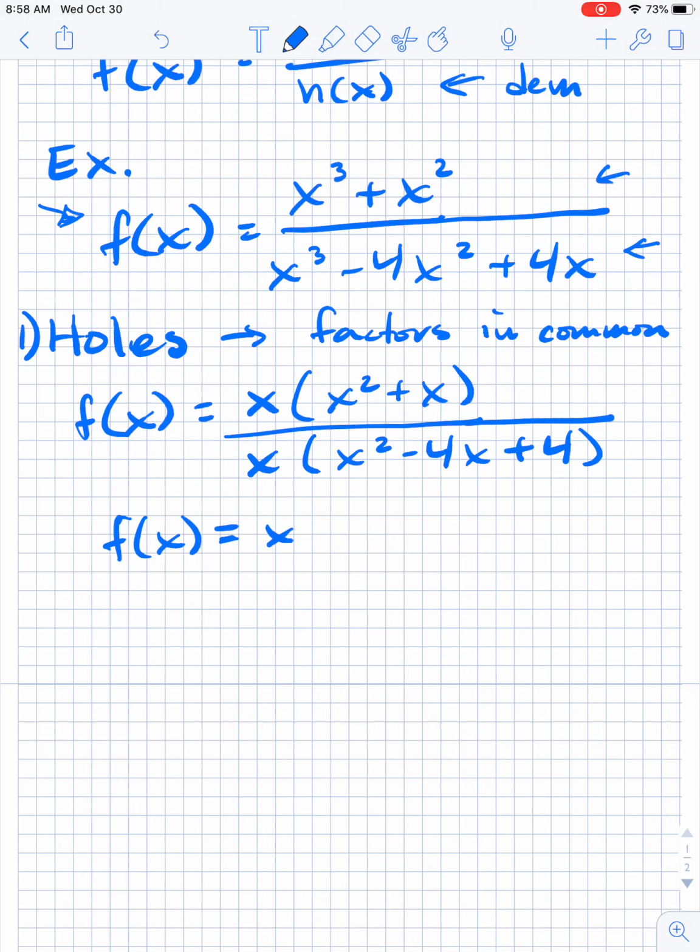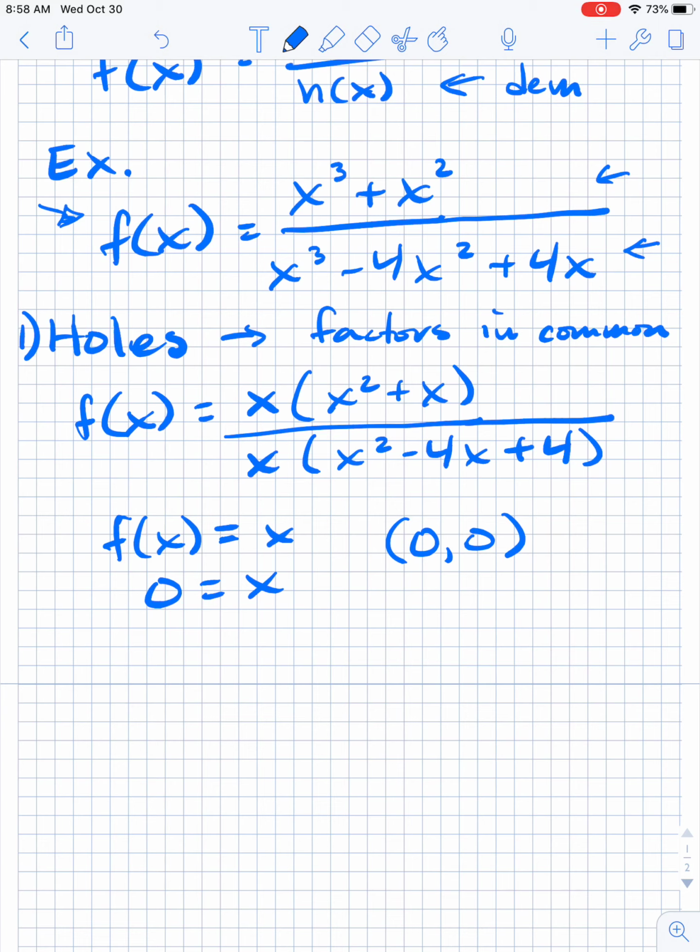So my f of x is equal to x, I'm going to change that to a 0. So when f of x is 0, x is equal to 0. So that means that the point 0, 0 is the hole in my function. So at that point, the function does not exist. Okay, so you're going to physically draw a hole in the line. And that's how you find your holes.